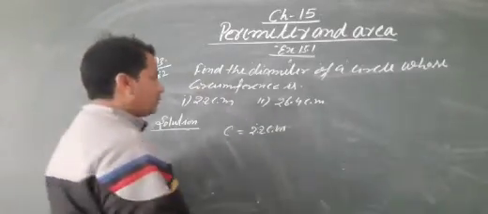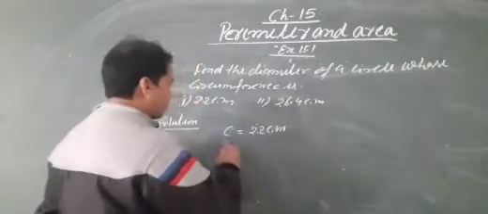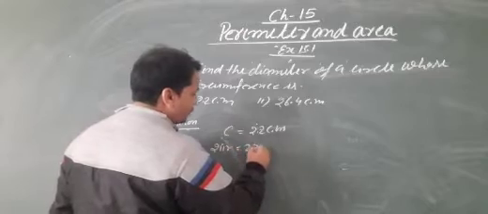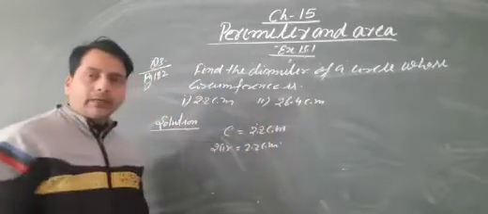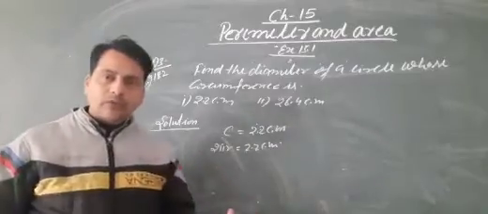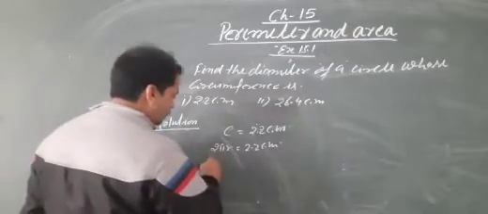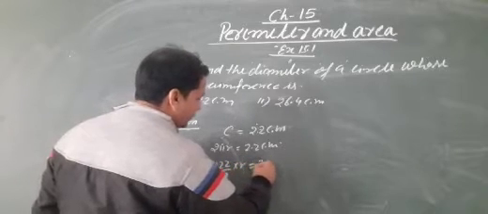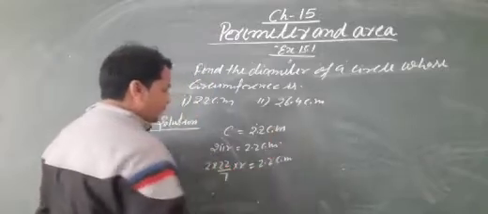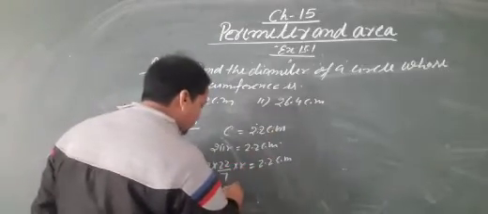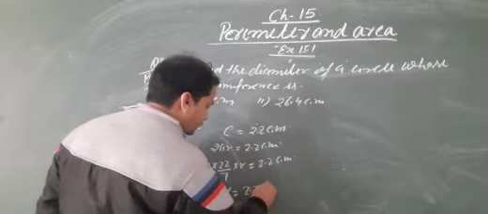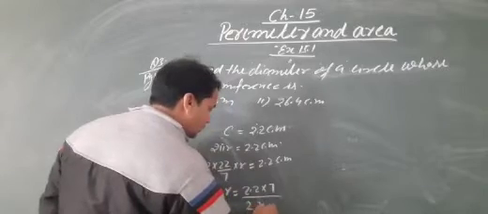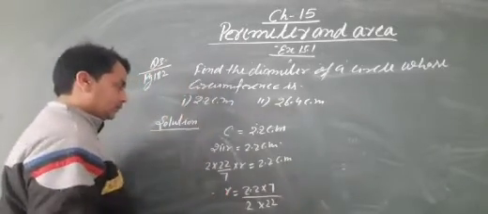Then the formula of the circumference is 2 pi r, that is 2 pi r equal to 2.2 centimeter, and we know that the value of pi is 22/7. Then 2 into 22/7 into r equal to 2.2 centimeter. Then r equal to 2.2 into 7 by 2 into 22.